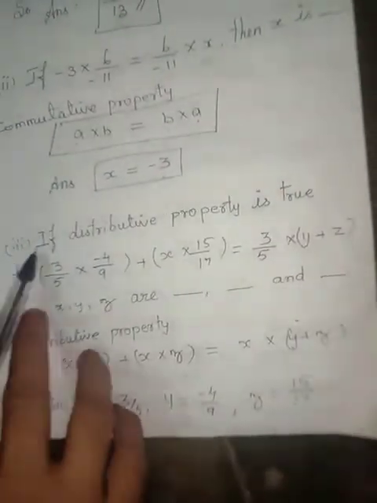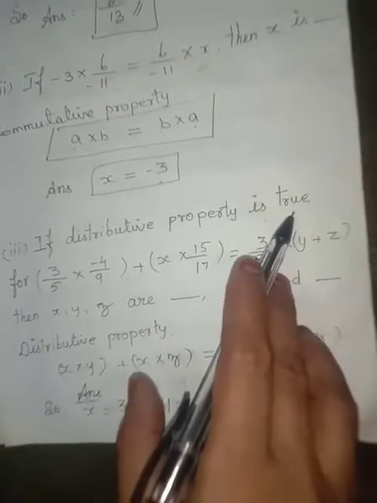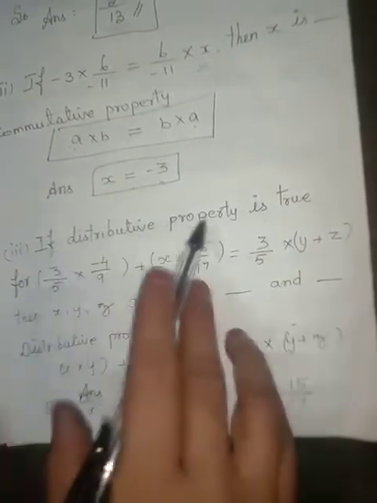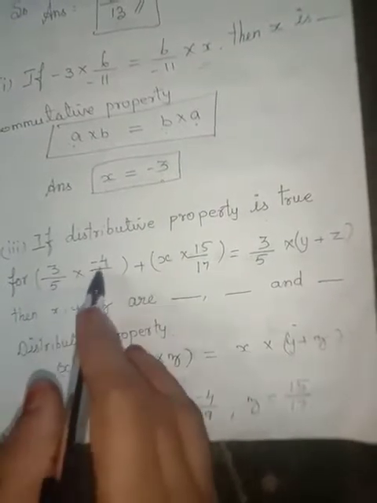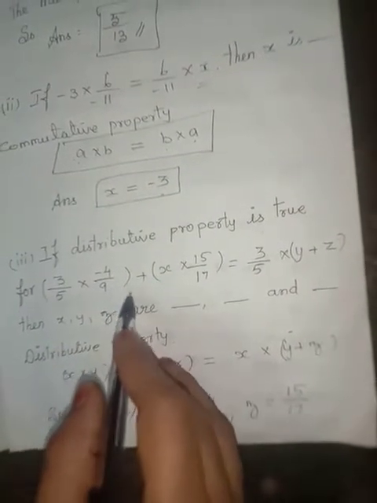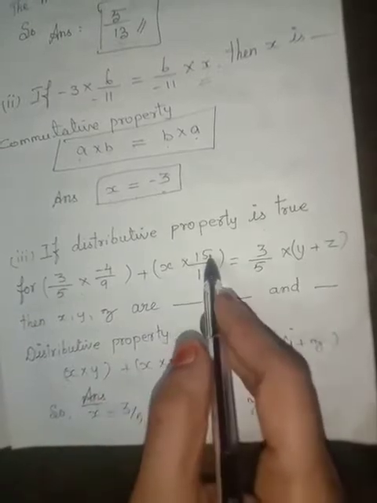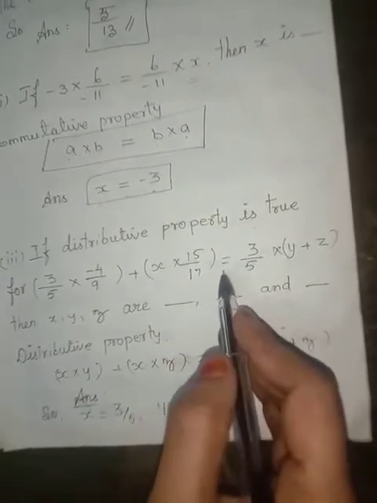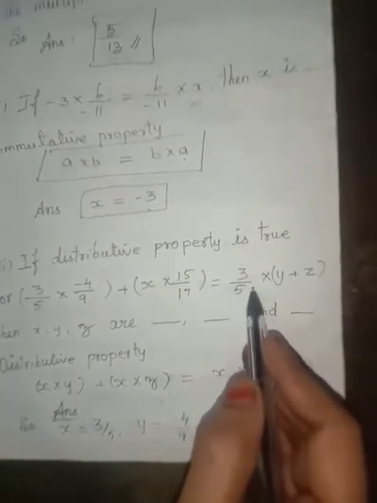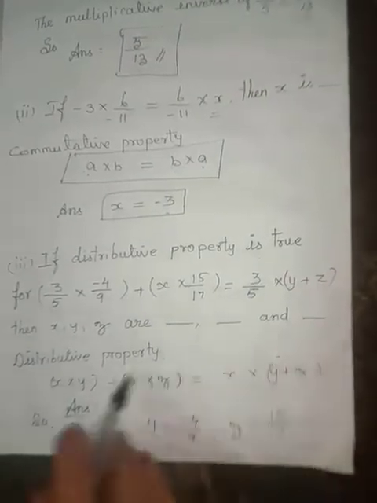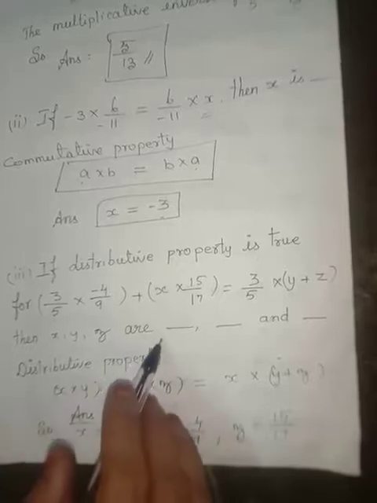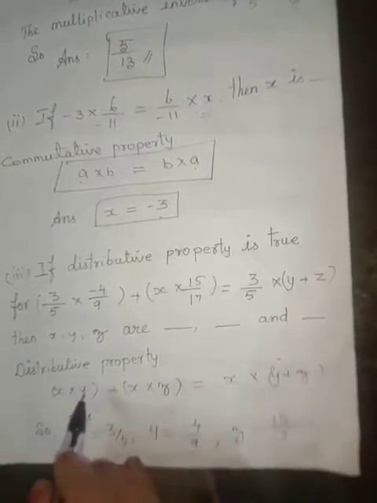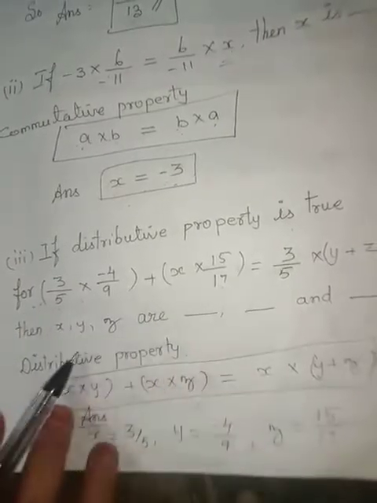The third one: if the distributive property is true. They told that the distributive property is true for 3 by 5 into minus 4 by 9 in brackets plus x into 15 by 17, that is equal to 3 by 5 into y plus z. Then find the values of x, y, z. Here it looks like the distributive property.